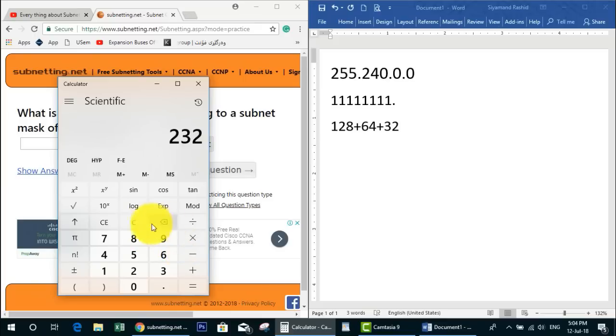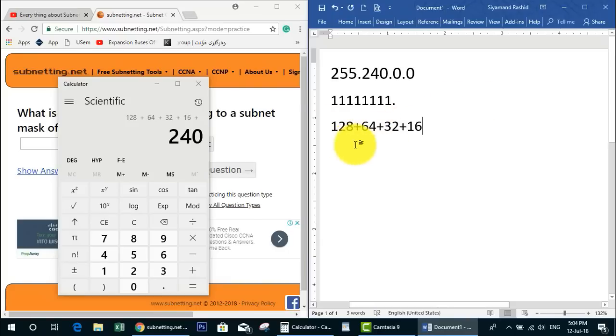Sorry, this is my mistake. It is 128 plus 64 plus 32 plus 16. So we have to make 4 ones in the second octet, and the rest will be 0.